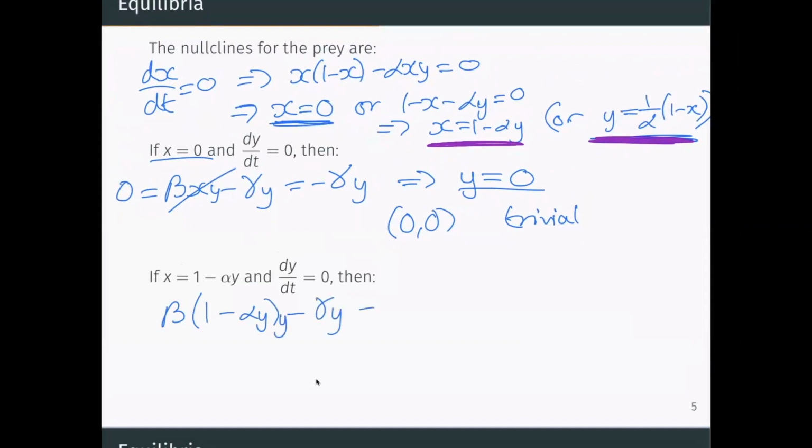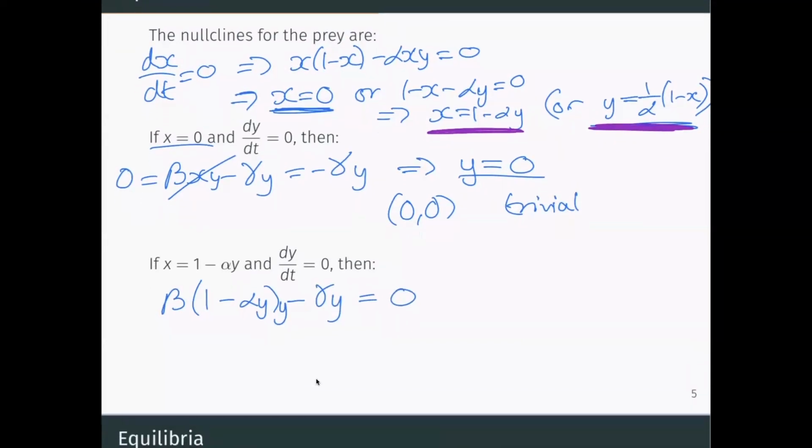Should be an extra y in there. Let's just do a little bit of rearranging here. I'm going to pull out y at the front, so we're going to have y times (beta minus gamma minus alpha beta y), and that's going to equal 0.